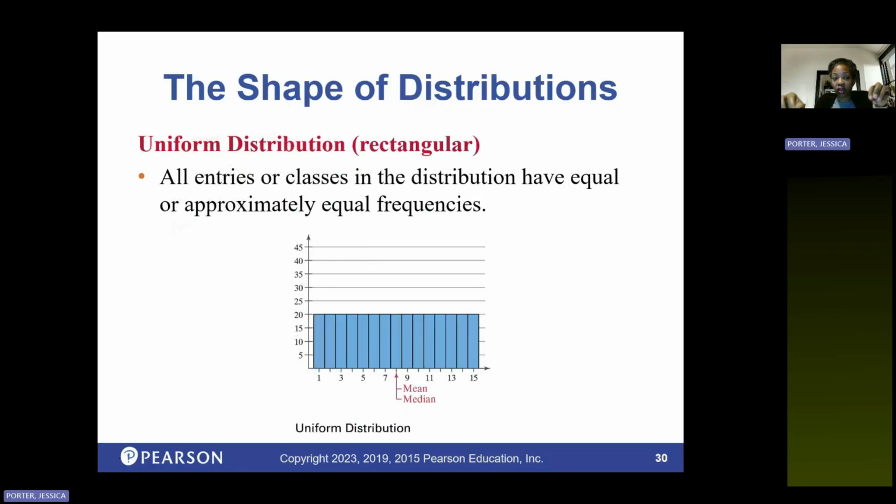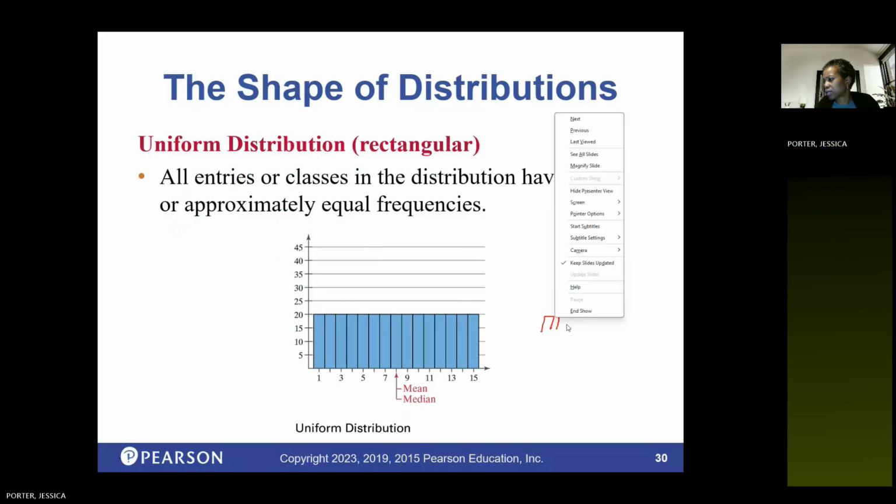We also have something called a uniform distribution. That's where all the entries have approximately equal frequencies. I'm saying approximately because what you're going to see in your homework is that they're going to vary a little bit.